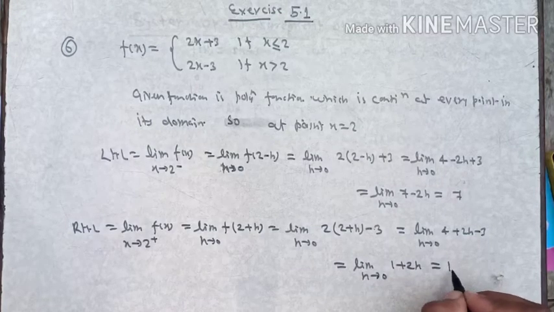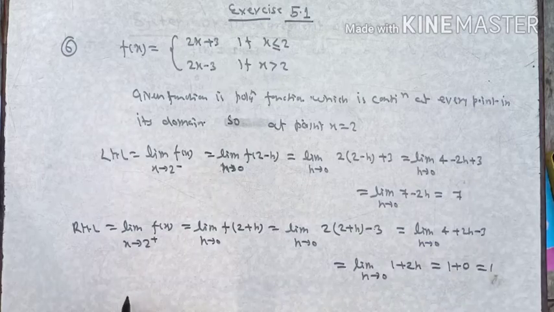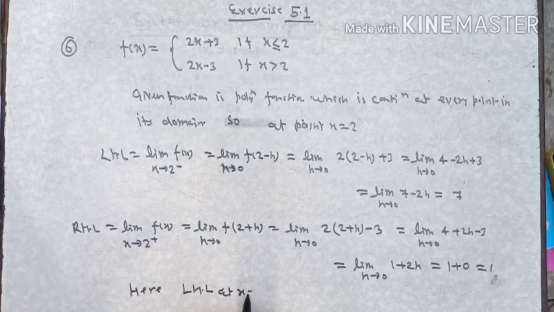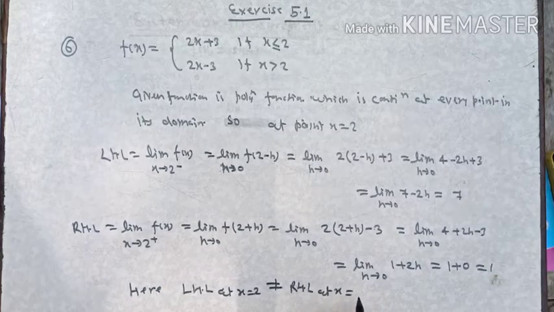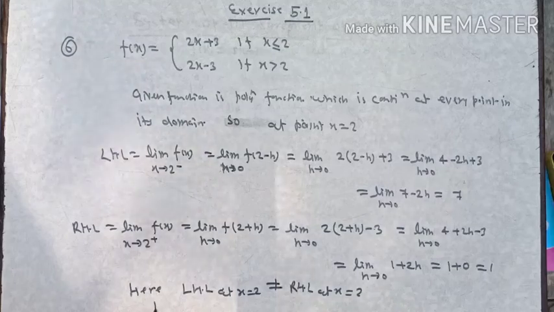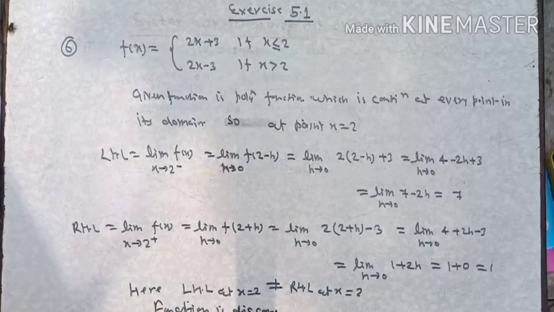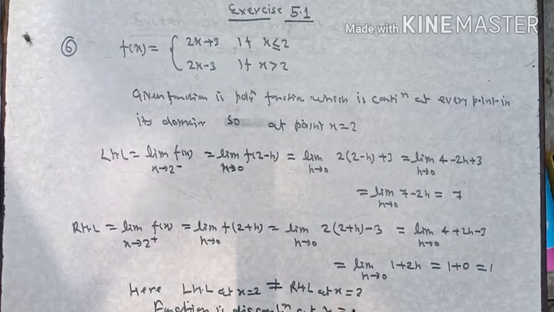On putting the value of h, 1 + 0 is equal to 1. So here the left hand limit at x equal to 2 is not equal to the right hand limit at x equal to 2. The function is discontinuous at x equal to 2.